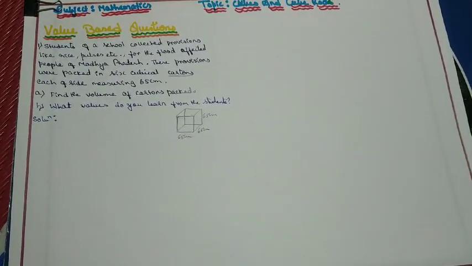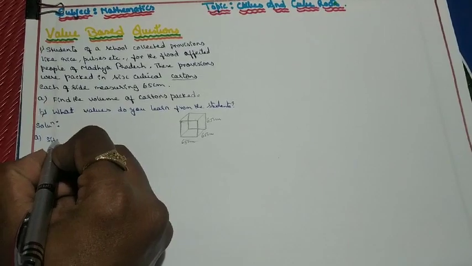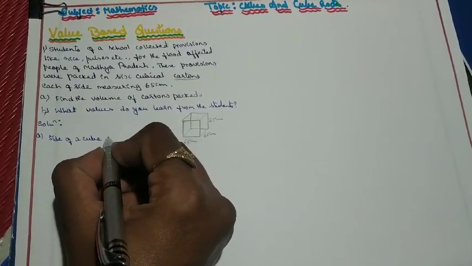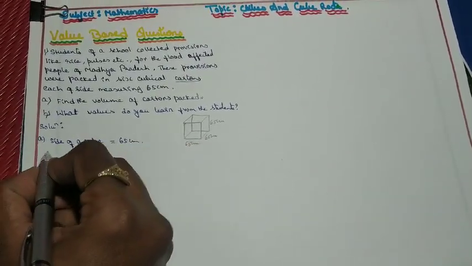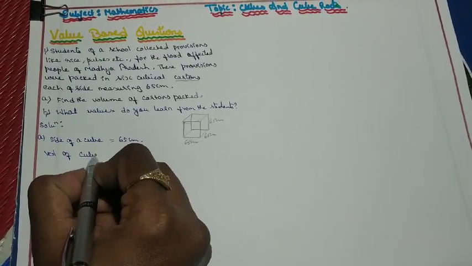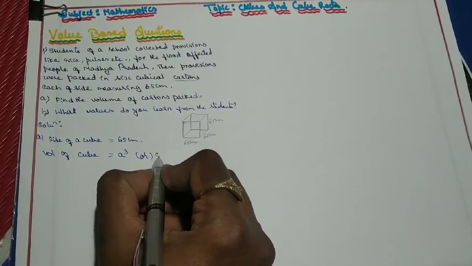So solution, side of a cubical box is 65 centimeter, and asked you to find the volume. So volume of cube is equal to a cube, or you can write it as s cube.